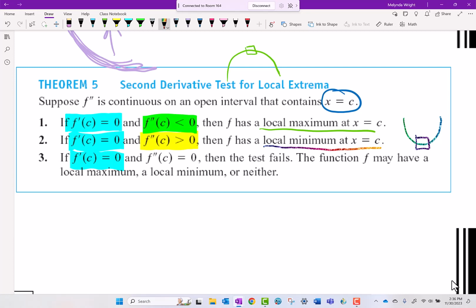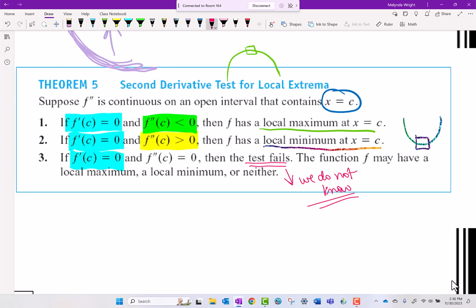The third option is if the first derivative is 0 and the second derivative is 0, then it's kind of a sad day. The test fails. We don't know what's happening. We don't know if there's a relative max, relative min, or there's nothing there.